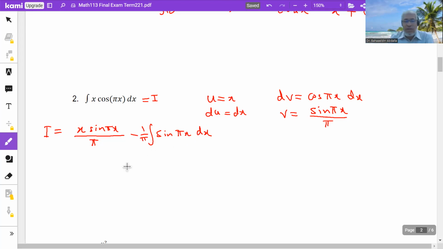Well, the integral of sine pi x is negative cosine pi x over pi. So the final answer would be x sine pi x over pi minus 1 over pi times the integral of sine, which is negative cosine. So this would be positive cosine pi x over pi. So I'll have pi square here, and then plus c, and that would be the final answer.